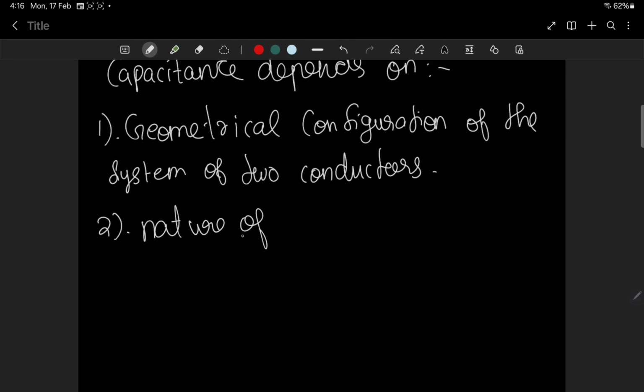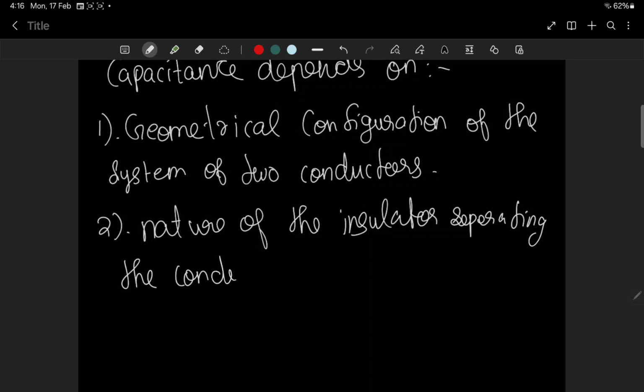Between these two plates there is a dielectric medium. So capacitance depends on the geometrical configuration and on the nature of the dielectric or insulator.